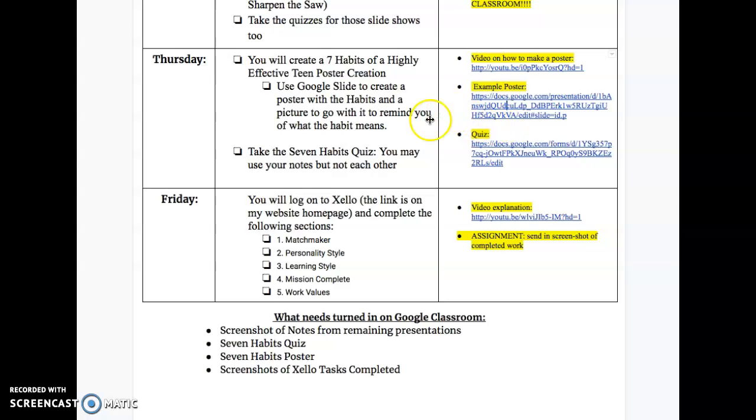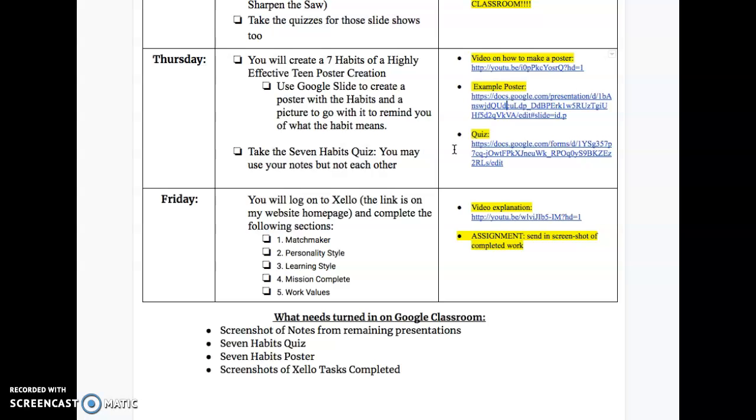The next thing is, after you make your poster, you have a quiz over all 7 of the habits. This quiz is located right here. You may use your notes, but you may not use each other. So go ahead and use whatever notes you took in your notebook over the slides, but you may not call each other, you may not work together. Please be honest.